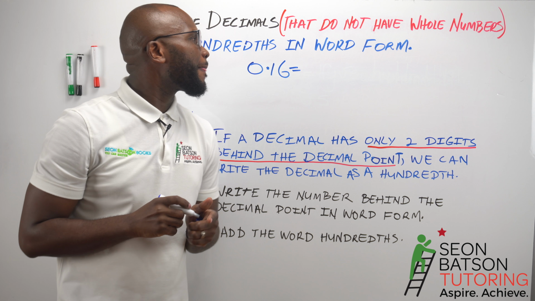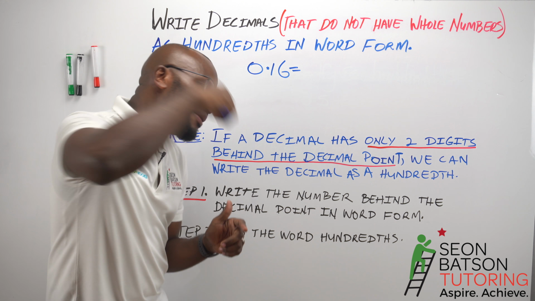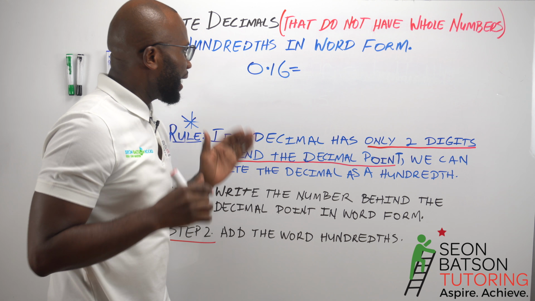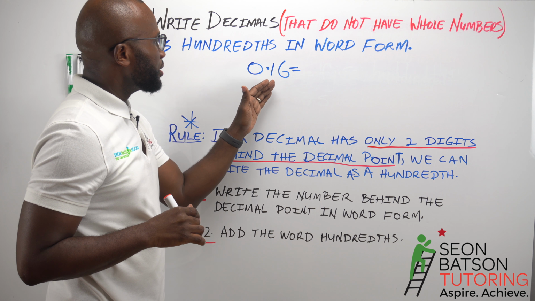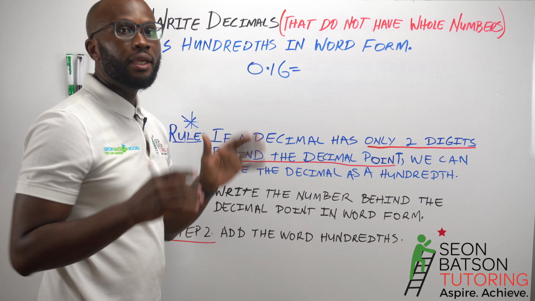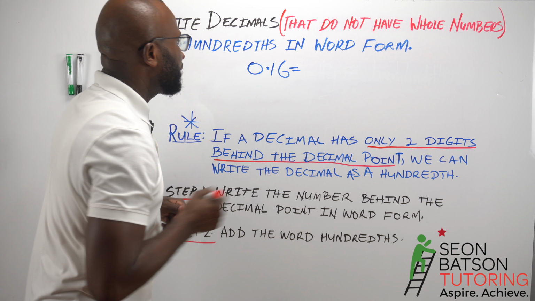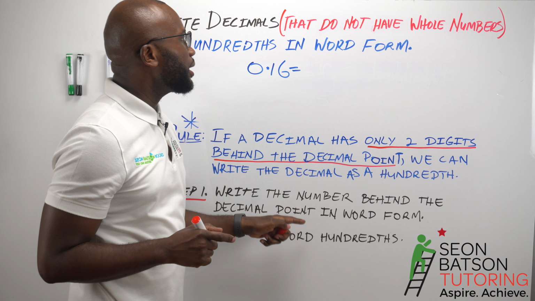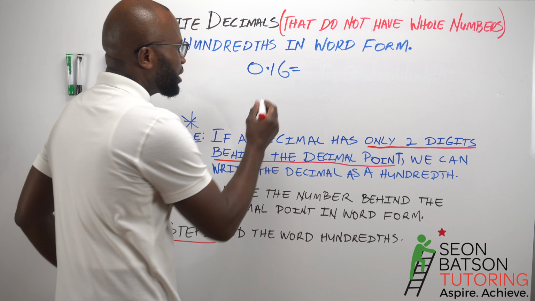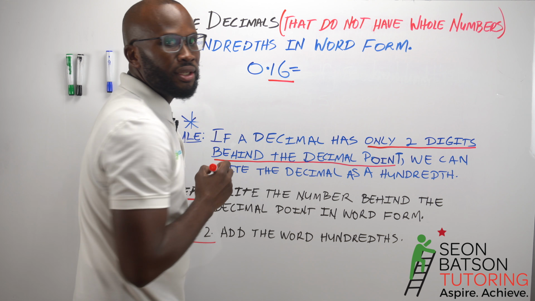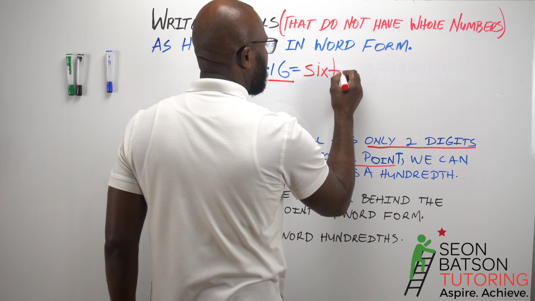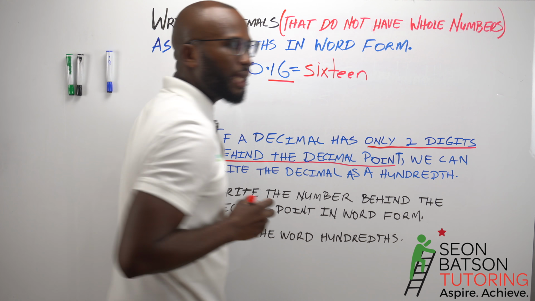Let's go. All right. Welcome back. Now, again, we want to write 0.16 as a hundredth in word form. Step 1, we're going to do what? Write the number behind the decimal point in word form. What's behind the decimal point? 16. So we simply write the word 16. Yes?